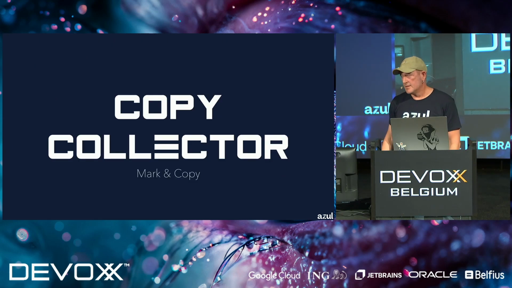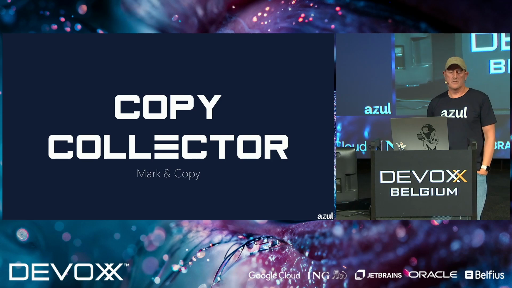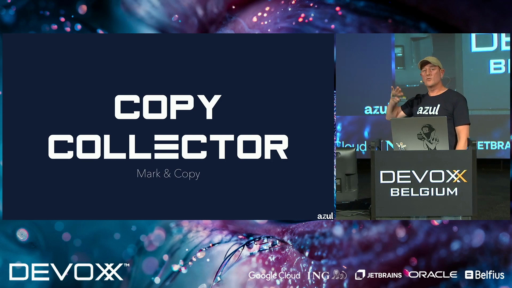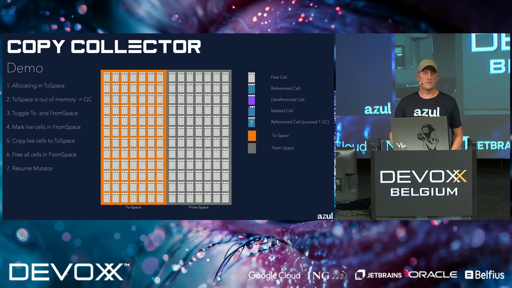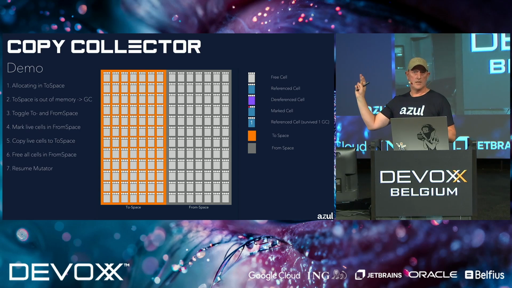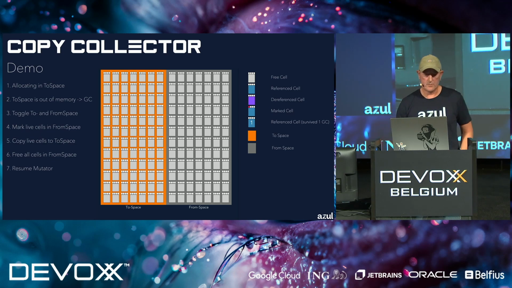Okay, the next one is the copy collector, and you will see it's totally different from the other ones, because this one looks like this. Suddenly we have two spaces, a to space and a from space, and these will toggle. Every time one is filled up, the gray and the orange area will toggle, so the from space becomes the to space and the other way around.